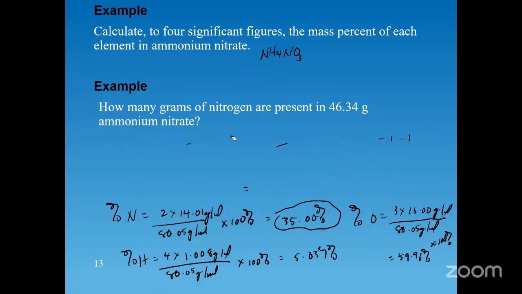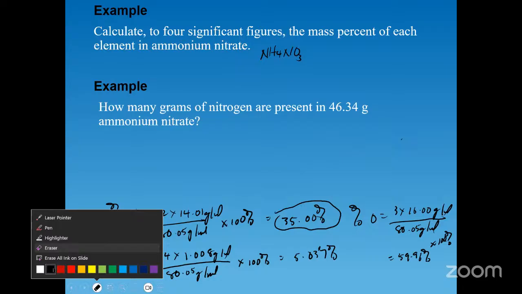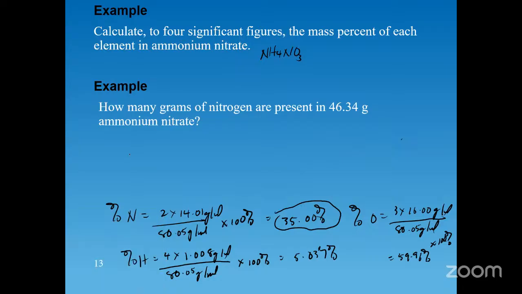All we have to do in order to answer that is take the 46.34 grams of ammonium nitrate that is given, and we multiply it by this percentage, right?